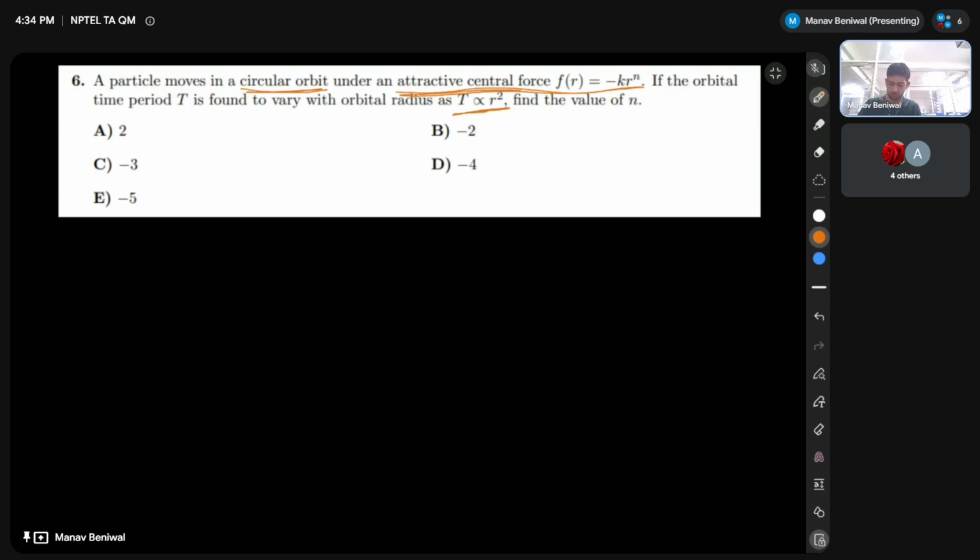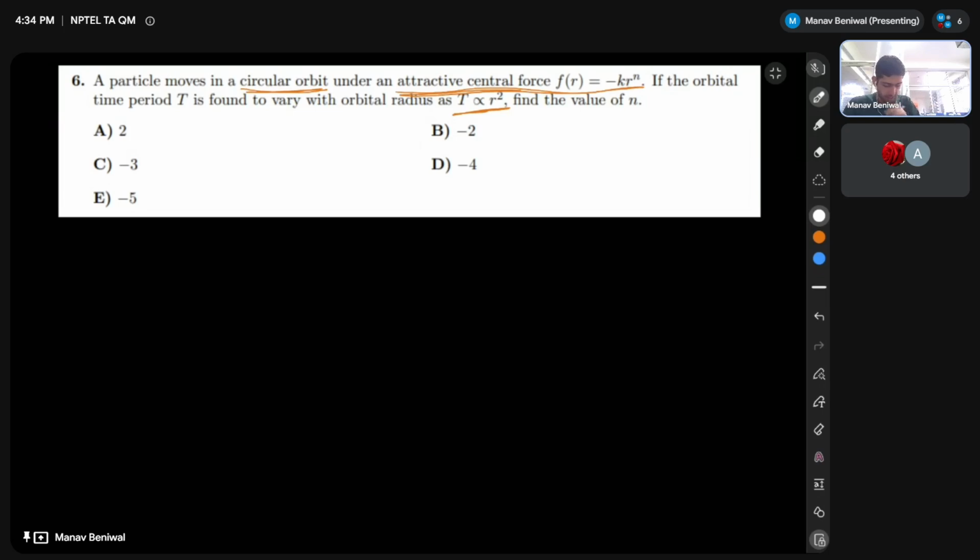So now let's do some central force problems. Let me first give you a brief background, the equations for a central force.